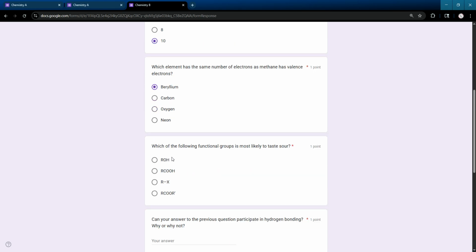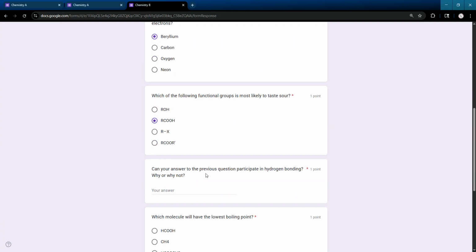Beryllium is most likely to taste sour. Well, I remember I studied sulfur is a sweet, emits a sweet smell, but I'm not sure which one tastes sour. Probably this one.